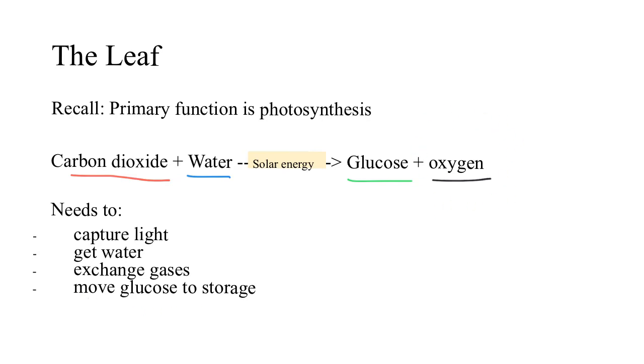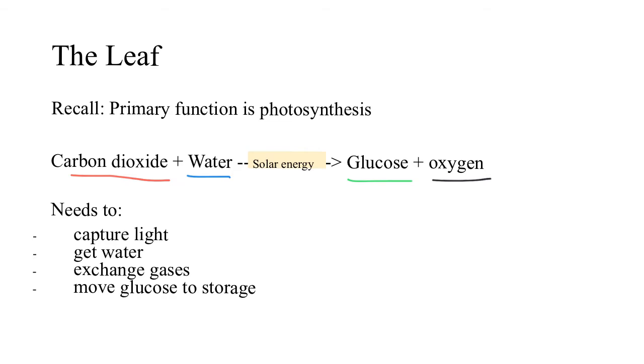And finally, if they're creating glucose, glucose doesn't just get stored in the leaves. It usually gets stored in roots or stems sometimes. And so there needs to be a transport system that will move that glucose elsewhere. Finally, because it's being exposed to so much light, you somehow need to be able to minimize water loss.